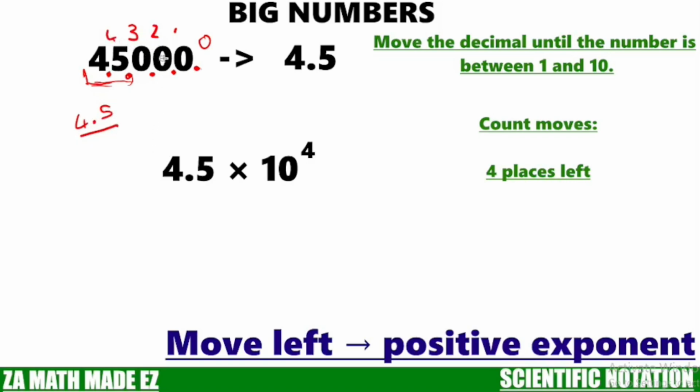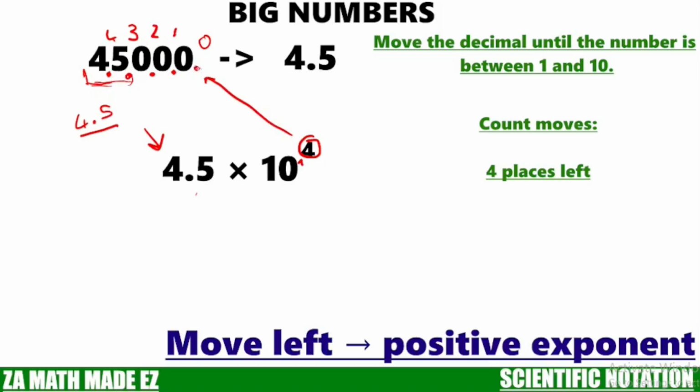And how many times do we move the decimal? 1, 2, 3, 4. So we move the decimal 4 times. Therefore we write 4.5 times 10 to the power of 4, and this 4 comes from moving the decimal 4 times.